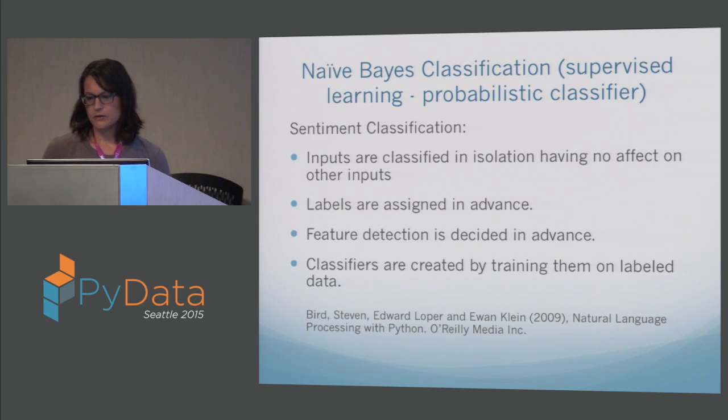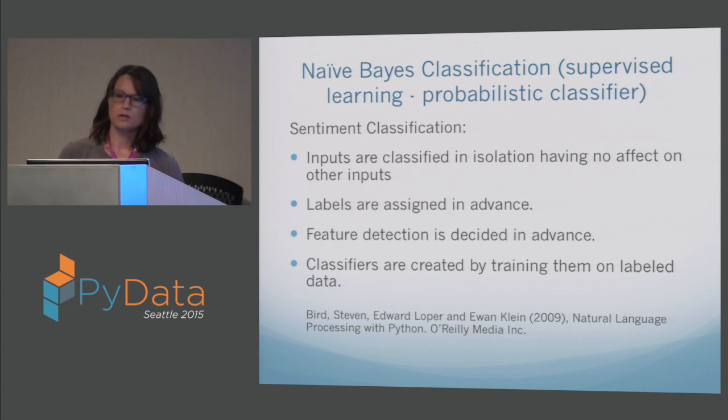But anyway, when used for sentiment classification, the inputs are classified in isolation, having no effect on other inputs, meaning they're atomic. One doesn't affect the other. Labels are assigned in advance, and that's kind of the tough one, because that's a lot of manual work.